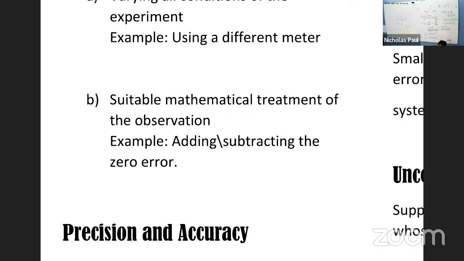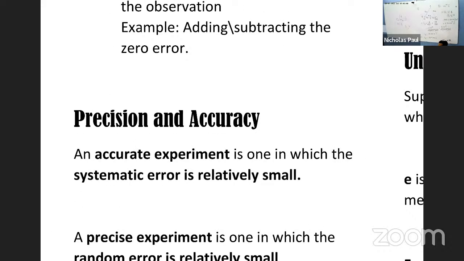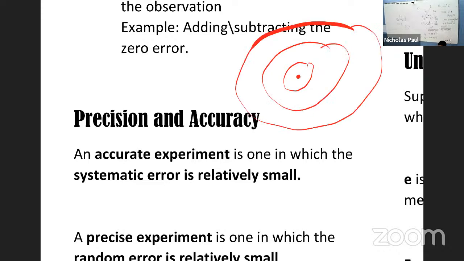Now that we know about systematic and random errors, we have to be able to use the words precise and accurate properly. An accurate experiment has a small systematic error. If you want your experiment to be accurate, the values have to be close to the actual value.